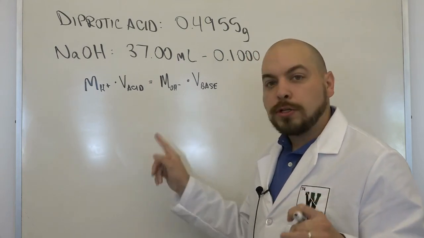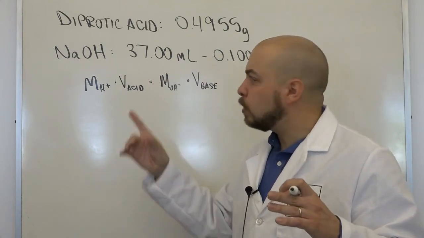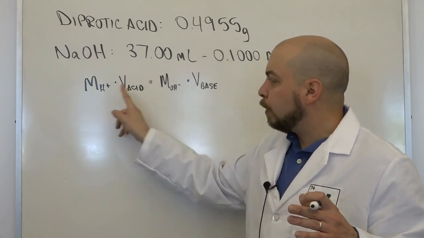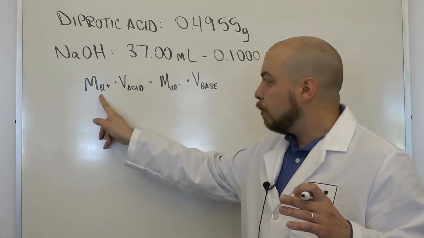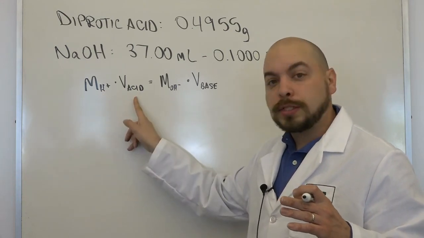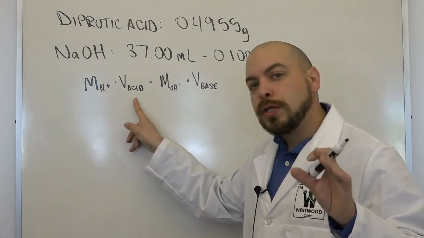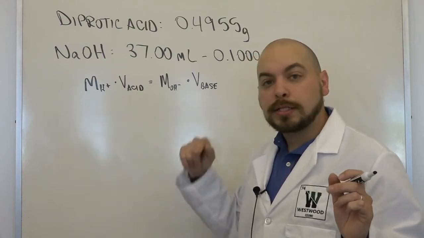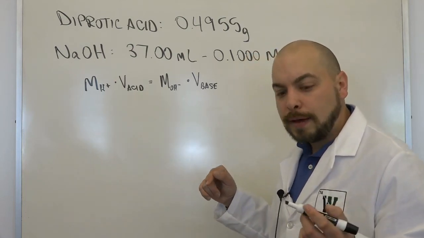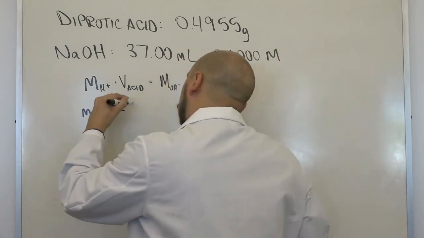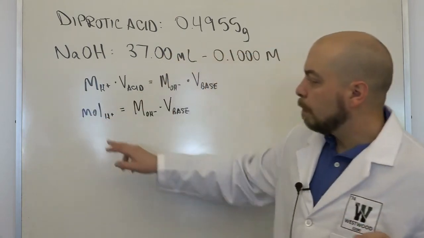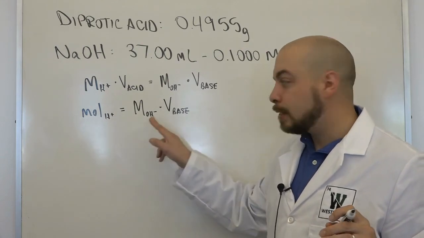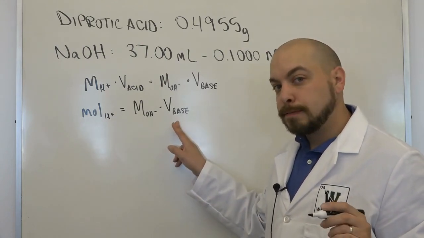The first thing we're going to do is figure out how to use grams. Now, here we have molarity times volume. Molarity, which is in moles per liter, times volume, which is in liters. Multiplying the two together gives us simply moles, moles of H+ in this case. So what we really have here is the moles of H+ are equal to the molarity of OH- times the volume of the base.